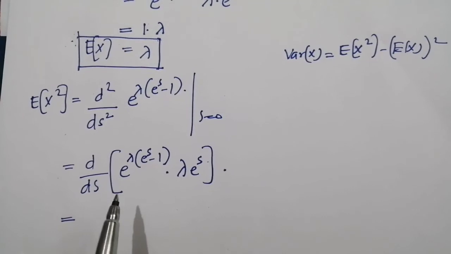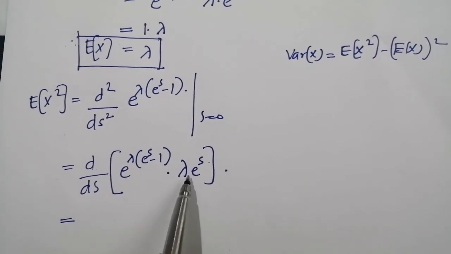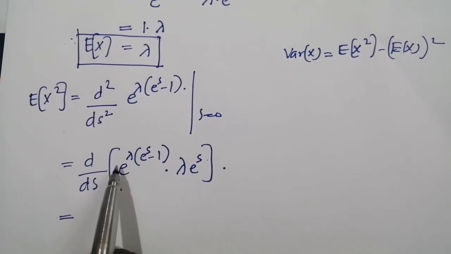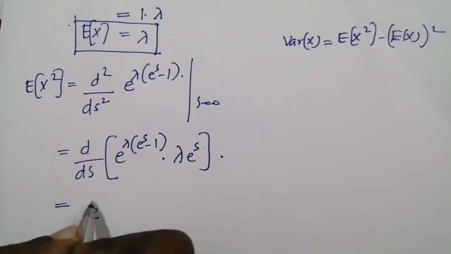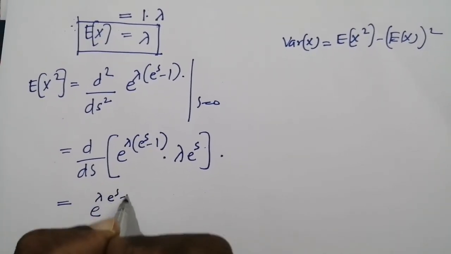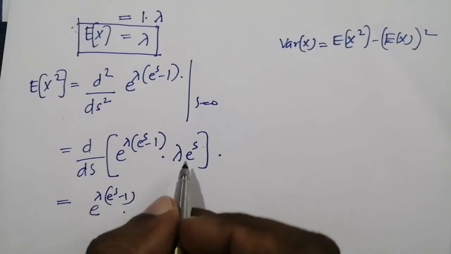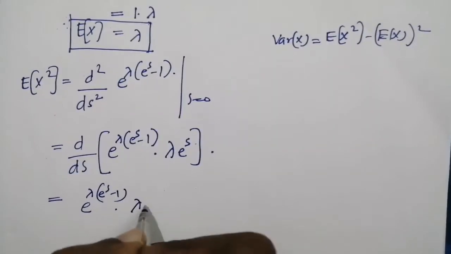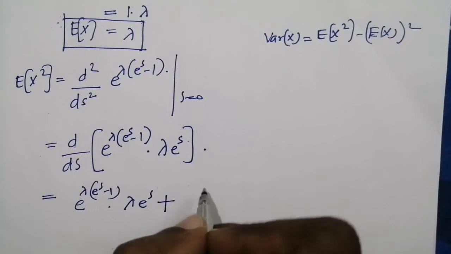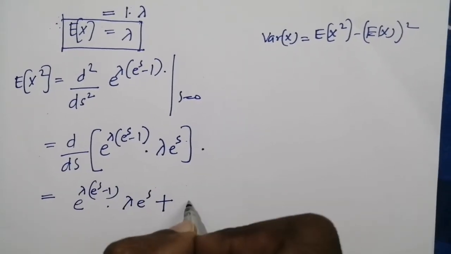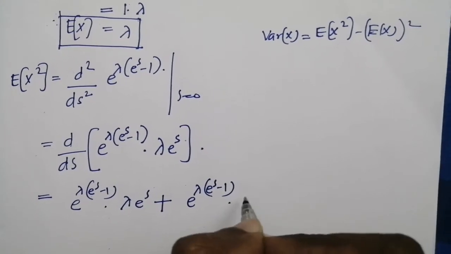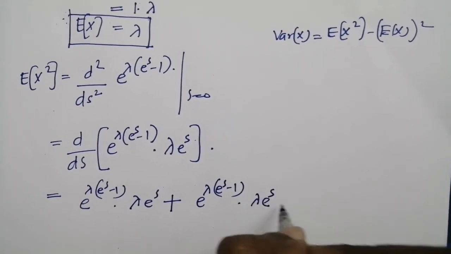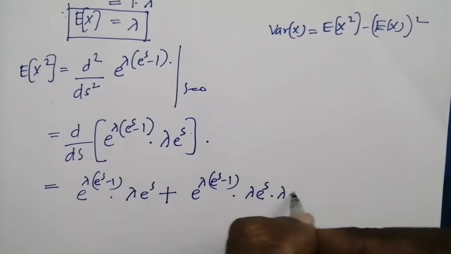So how will you differentiate this? First into differential of second plus differential of first into second. So this will be equal to e raised to lambda (e raised to s minus 1) into differential of second, which is lambda e raised to s itself, plus differential of first, that is e raised to lambda (e raised to s minus 1) into lambda e raised to s, into this lambda e raised to s.